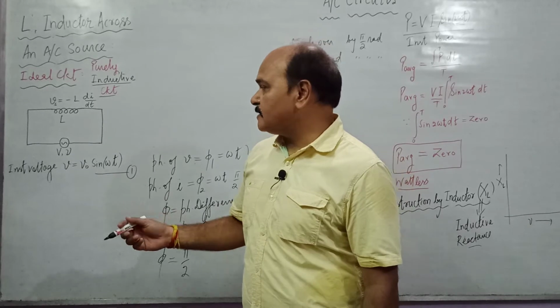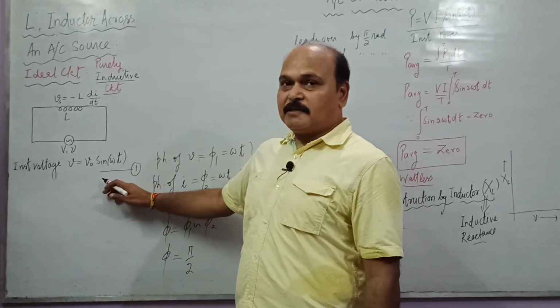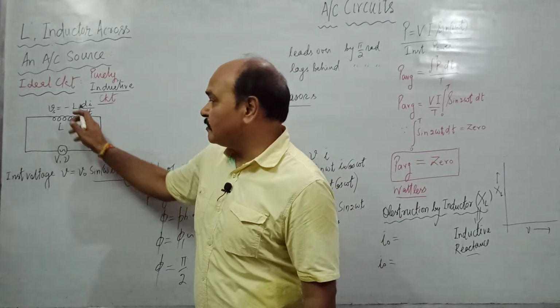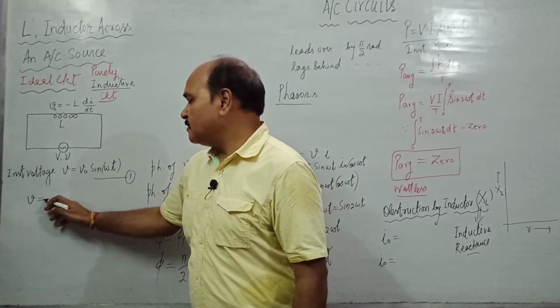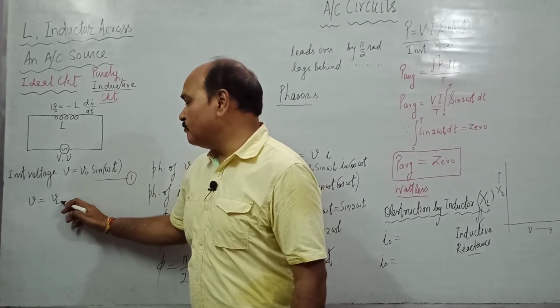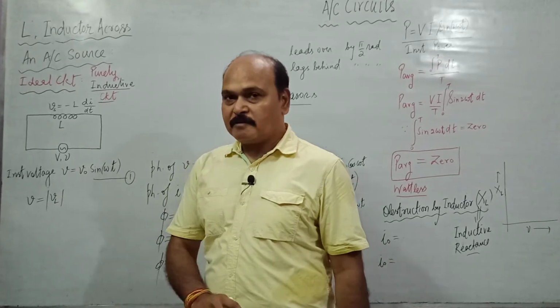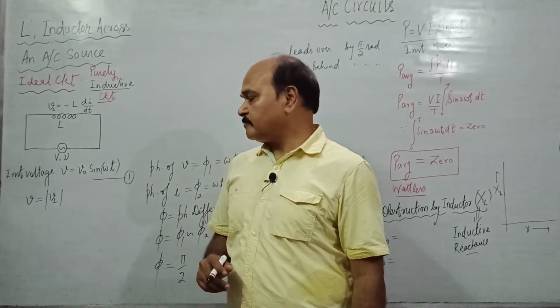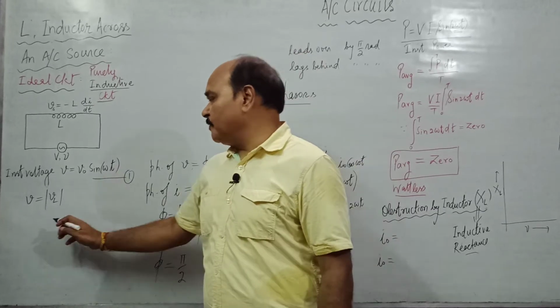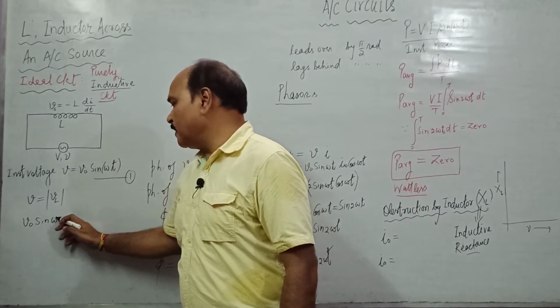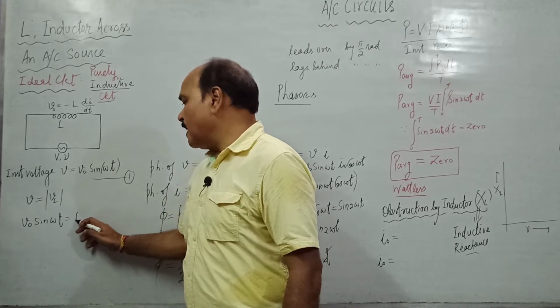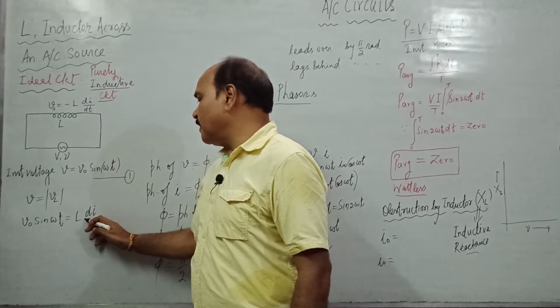So at any instant, the voltage connected is the same as the voltage across the inductor. So this V is the same as the voltage induced across the inductor, just in magnitude. If we substitute the value of V, what do we get? We get V naught sine of omega t equals L times di by dt.